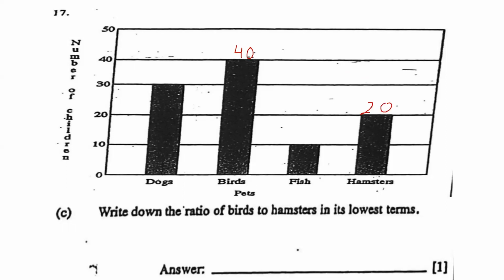So the ratio of birds to hamsters, we have to do birds first, is 40 to 20. That's the ratio, but we could divide by something. Let's divide both of them by 10.